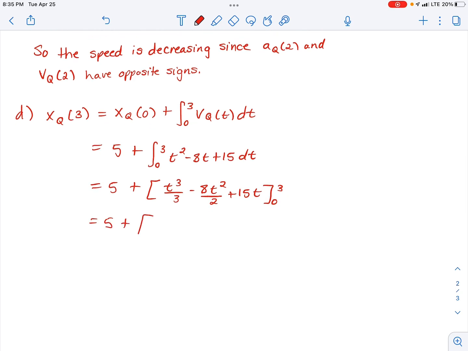So plus 3 cubed over 3 minus 8 times 3 squared over 2 plus 15 times 3, minus 0 cubed over 3 minus 8 times 0 squared over 2 plus 15 times 0. All right. And then if you did simplify it, I guess you should get 23. But I'm not going to bother simplifying it, so you should just leave it like that.